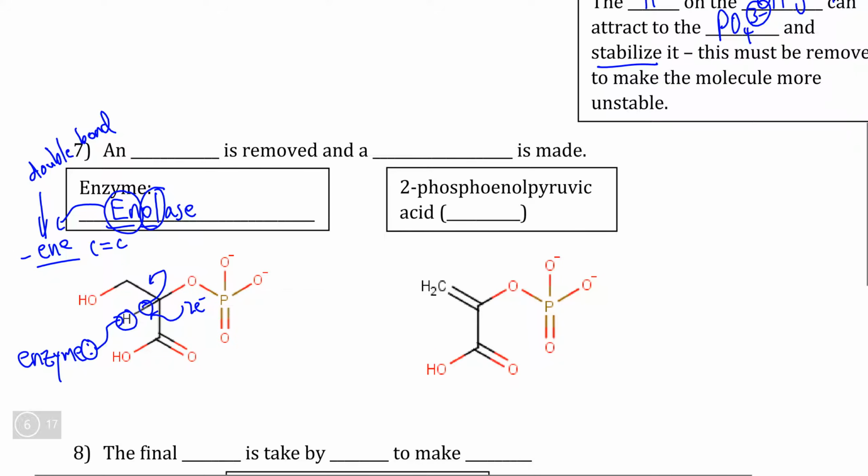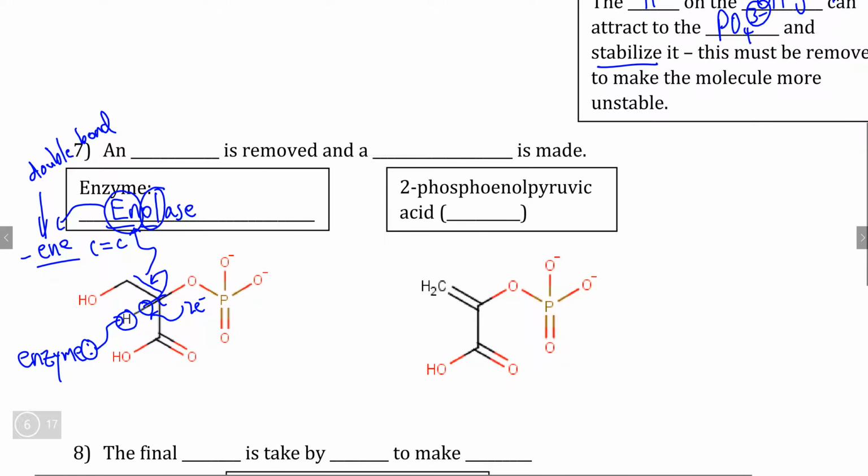Now, the two electrons that are in this bond here don't just magically disappear. Those are actually going to come down here because this carbon here is now missing a bond because we pulled this hydrogen off. So instead of reforming a bond with another atom, it can form a double bond like this, hence the name enolase.